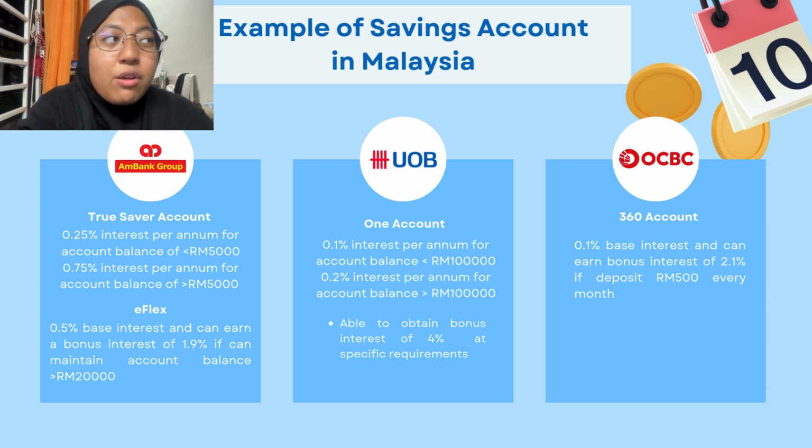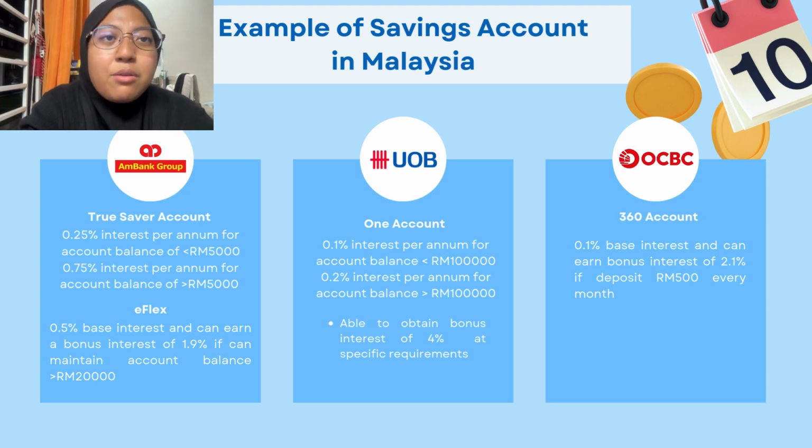Next, UOB1 account. UOB1 account offers 0.1% interest per annum for account balance less than 100,000 ringgit and 0.2% per annum for account balance more than 100,000 ringgit.